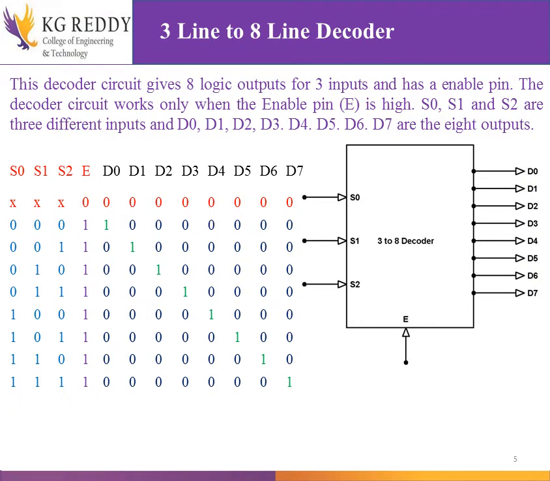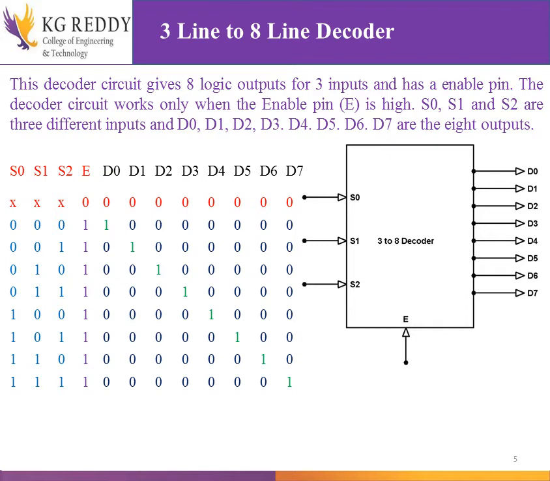Now we look into the 3 to 8 line decoder, simply called the 3 to 8 decoder. This decoder circuit gives 8 logic outputs for 3 inputs and has an enable pin. The enable pin plays a major role when we are increasing the number of inputs and outputs.